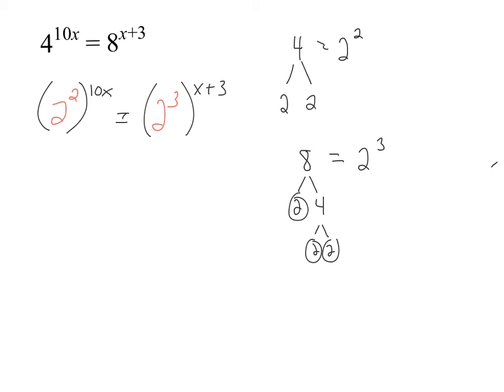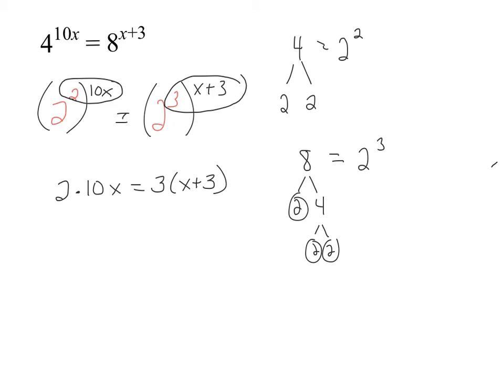Okay? So now we have the 2's that are the same, but everything that's an exponent will have to go in the exponential law. So that second power and that third power will now be part of our problem. So I'll write this as 2 times 10x, because I take away the base, equals 3 times x plus 3, so I'll make sure I put that in parentheses.